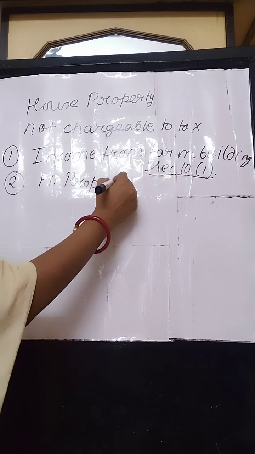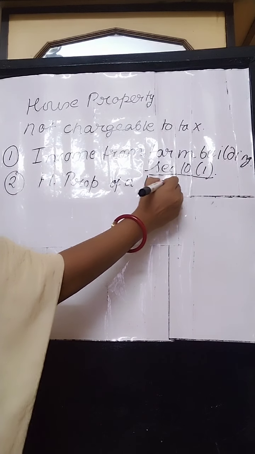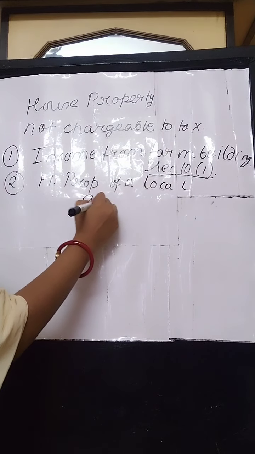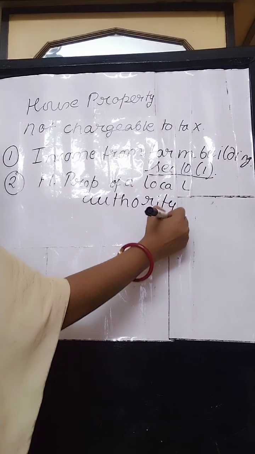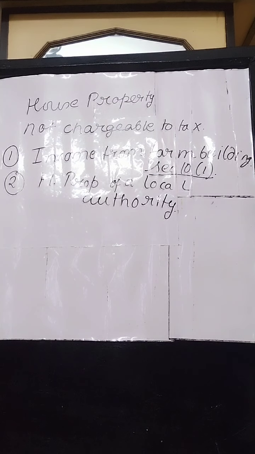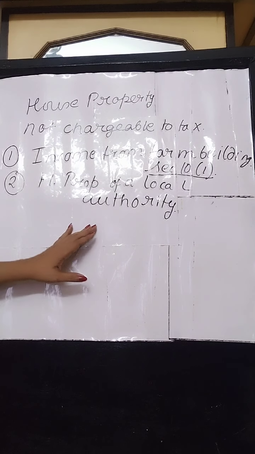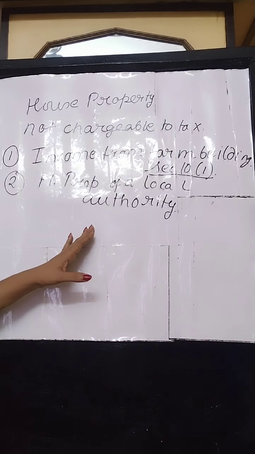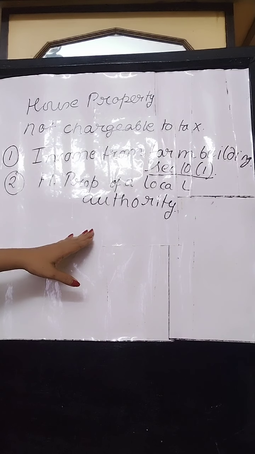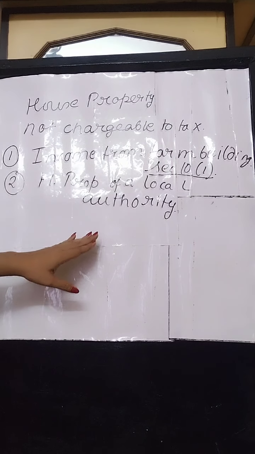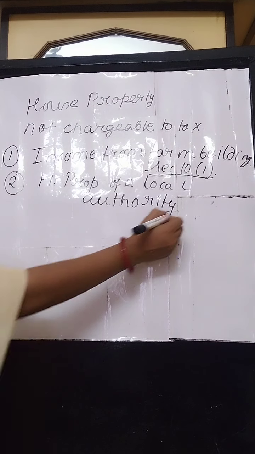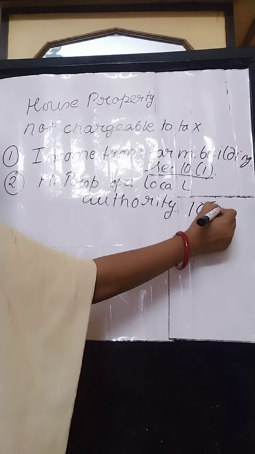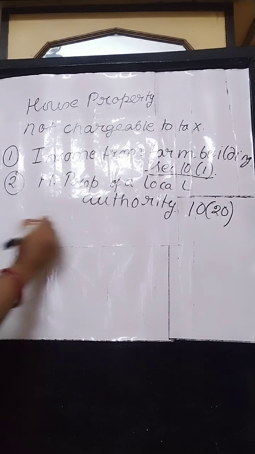House property of a local authority will be considered as house property not chargeable to tax. The section for local authority is 10 subsection 20. This is the second.